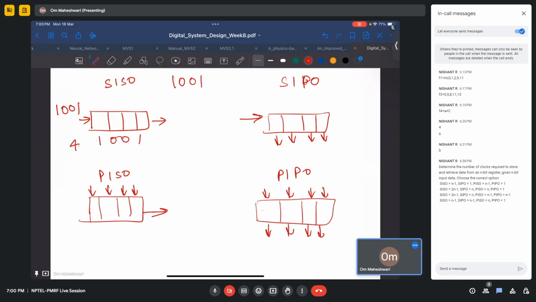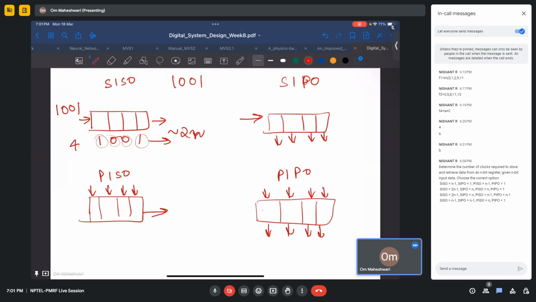Now to get it out, in the next cycle this will come out. Basically you need approximately 2n cycles to feed the data and then take it out.